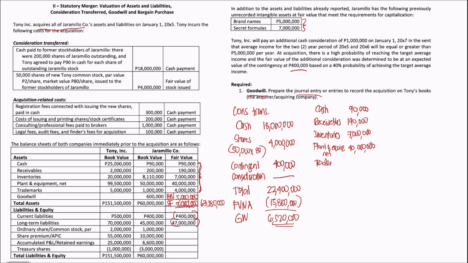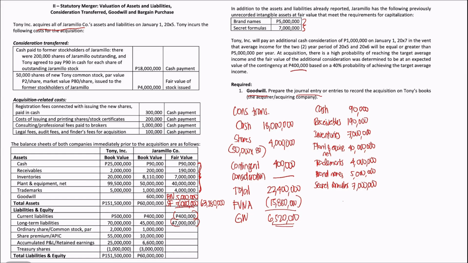trademarks, 4 million, brand names, 5 million, secret formulas, 7 million.